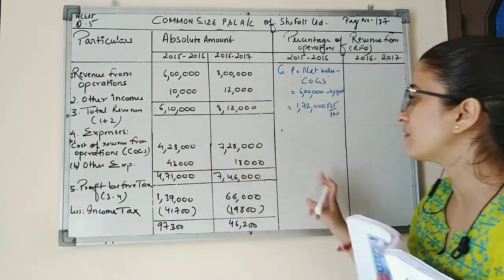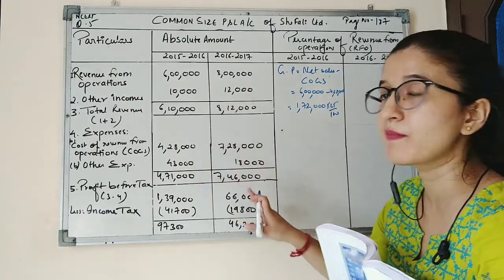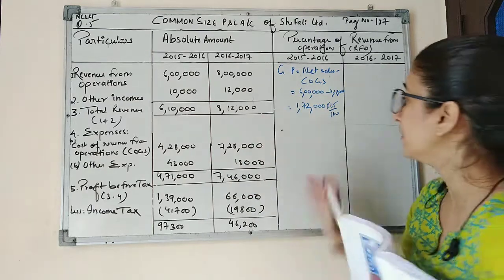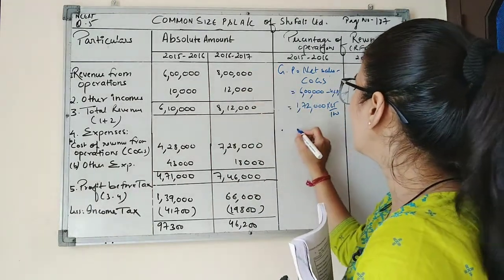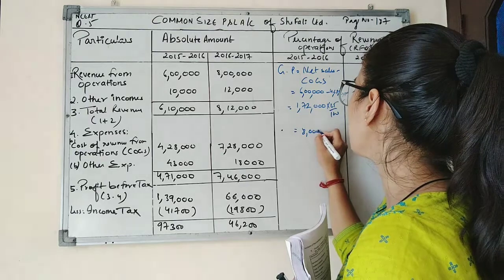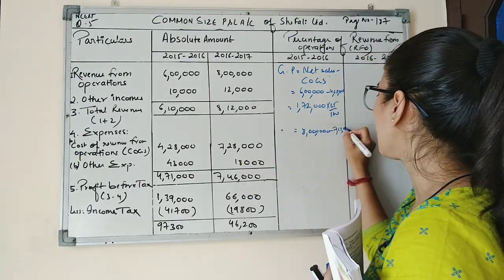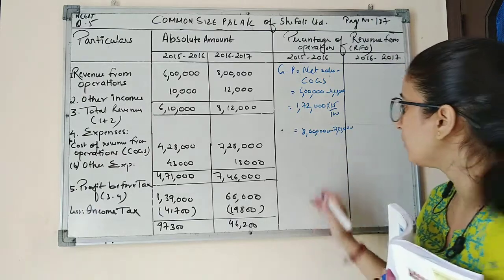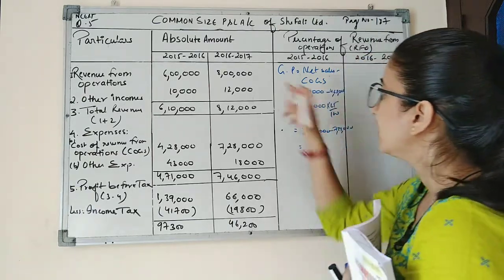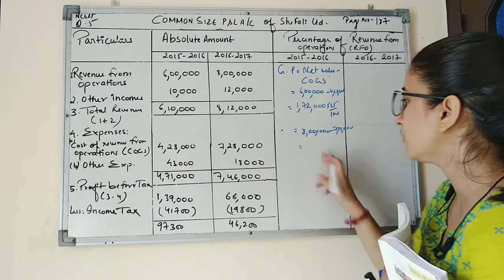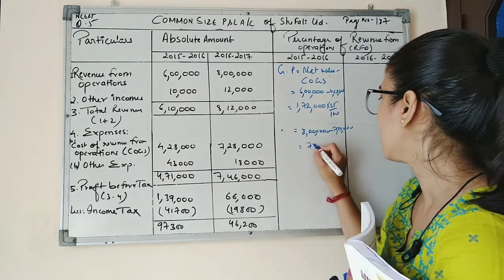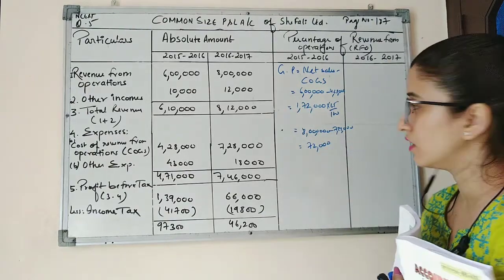In the same way, we will calculate the other expenses of the current year. Current year net sales is 8 lakh rupees and cost of goods sold is 7 lakh 28,000. Subtracting cost of goods sold from net sales, we get 72,000.